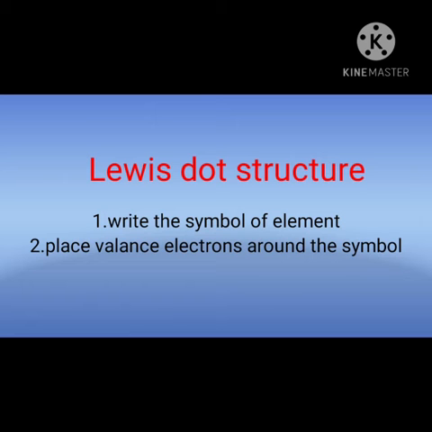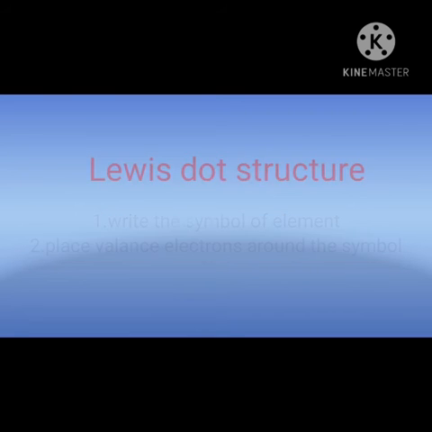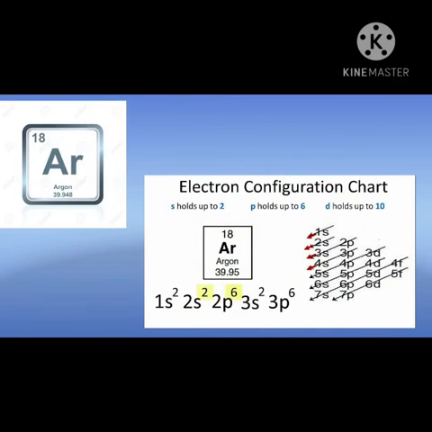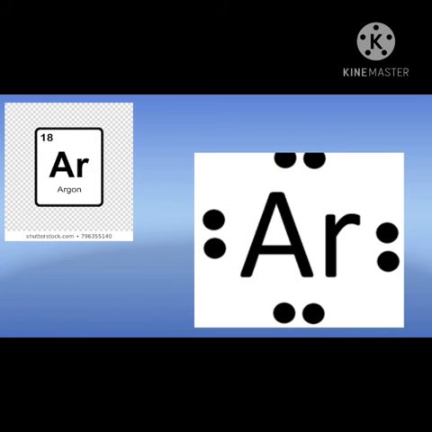Let us observe some examples of Lewis dot structure. First we take the element argon. You know the argon electronic configuration: in the last shell it has 3s2 3p6, 8 electrons in the third shell, right? First step, we write the symbol of the element argon.